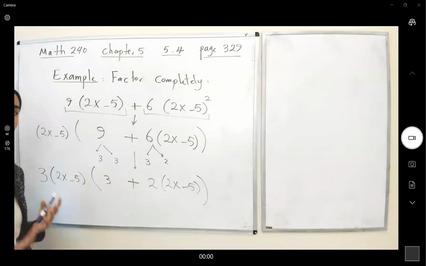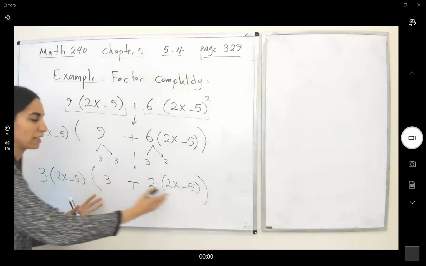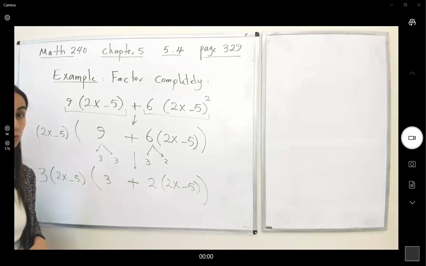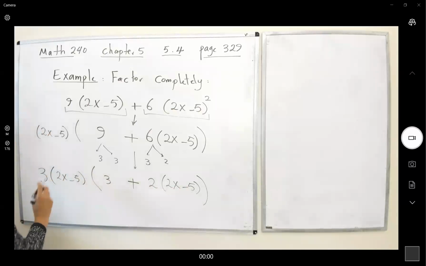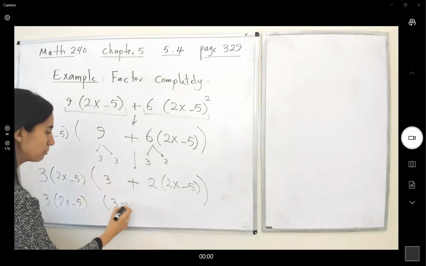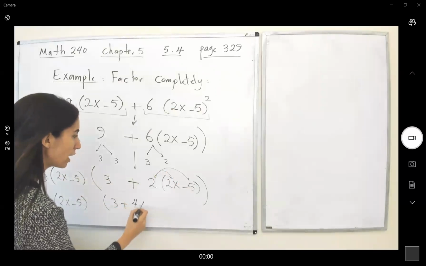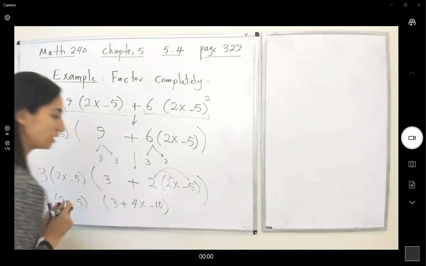Can we combine the quantity inside parentheses? If I distribute 2 into parentheses, what do I get? I'm going to copy down 3, 2x minus 5 as the greatest common factor outside. Now I have 3 plus, distributing 2 into parentheses, I get 4x minus 10.